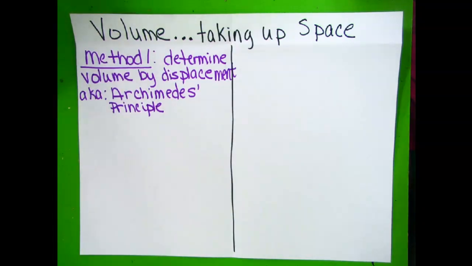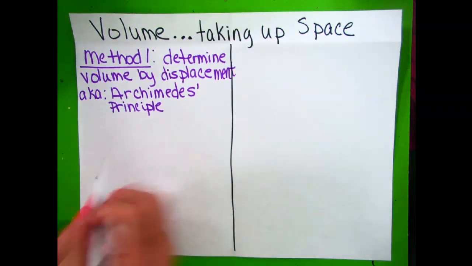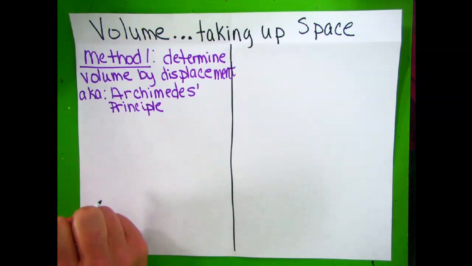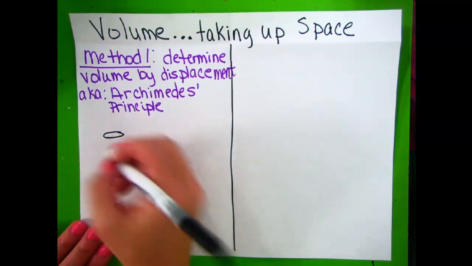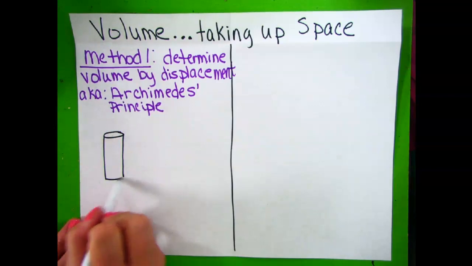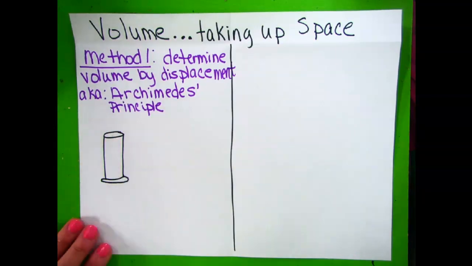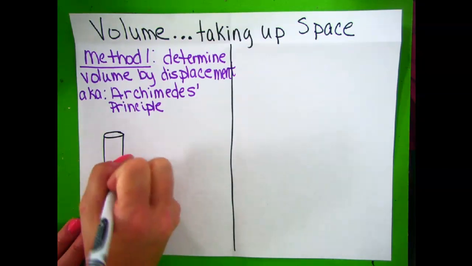All right. So the next thing I'm going to do to kind of show what this displacement is, I'm going to draw these like graduated cylinders. They're not going to be very big, so kind of watch. So I'm going to draw a little oval, a couple of lines that come down, put a little base on it, put some measurement lines.